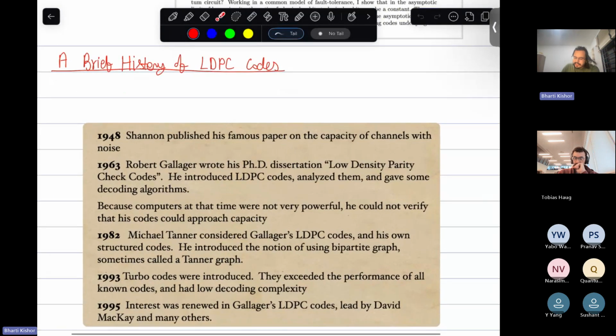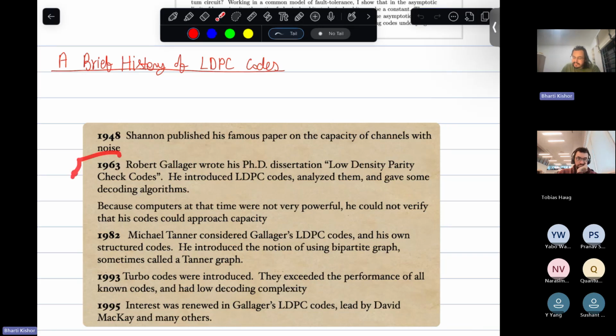In 1948, Shannon published his famous paper on the capacity of channels with noise. Then 15 years after that, in 1963, Robert Gallager wrote his PhD thesis on low density parity check codes.